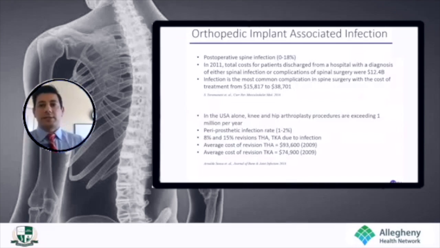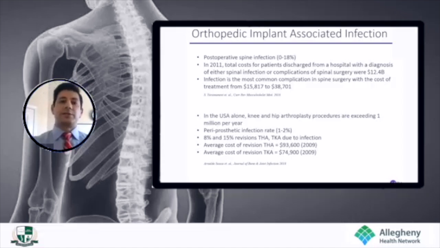Here I have collected some statistics regarding orthopedic implant-associated infections. Depending on the type of spine surgery being performed, the incidence of infection is highly variable, with reported ranges between 0% and 18%. In 2011, the total cost of patients discharged from a hospital with a diagnosis of either a spinal infection or complication of a spinal surgery was estimated to be $12.4 billion.